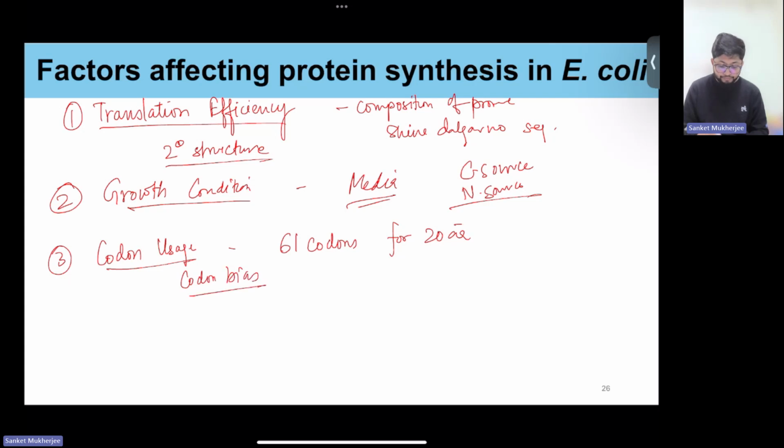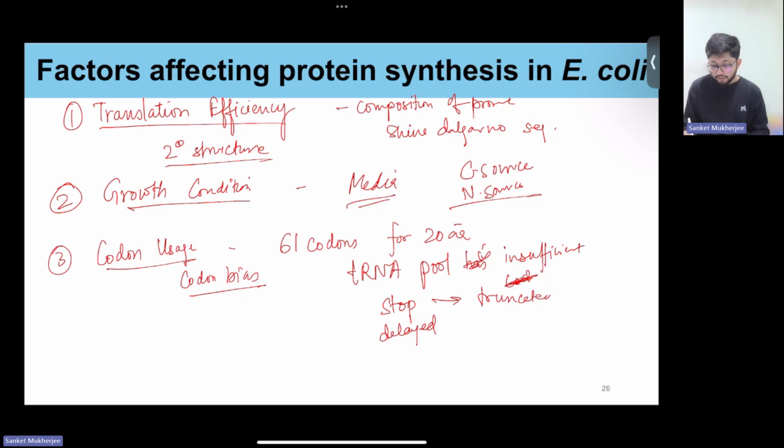So let's say you are not performing codon optimization, you are just taking the gene as such, but the tRNA pool is insufficient. Then protein synthesis may stop, or it might also get delayed. If it gets stopped, we will get truncated proteins. If it gets delayed, it leads to very little protein being produced.